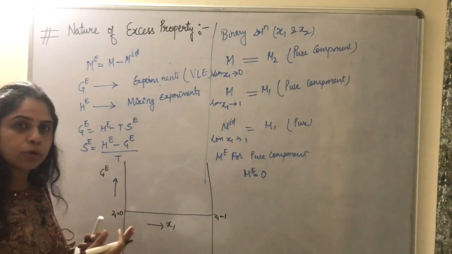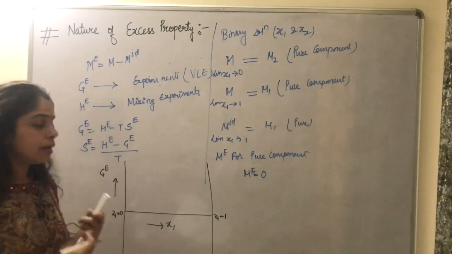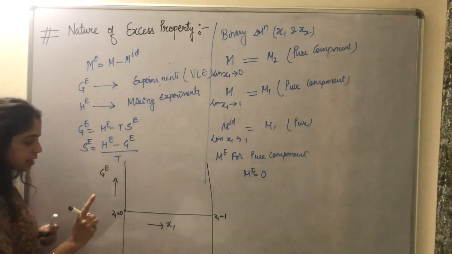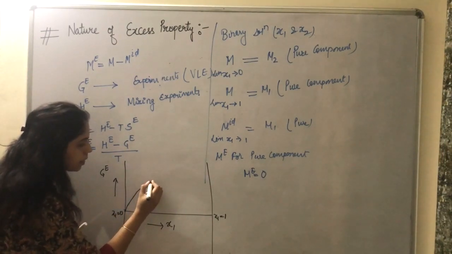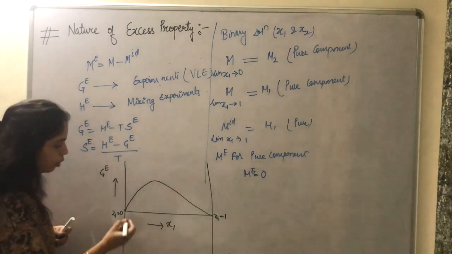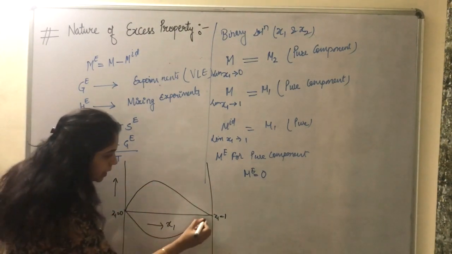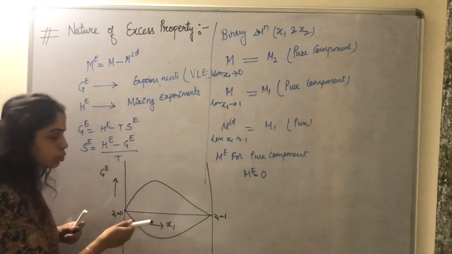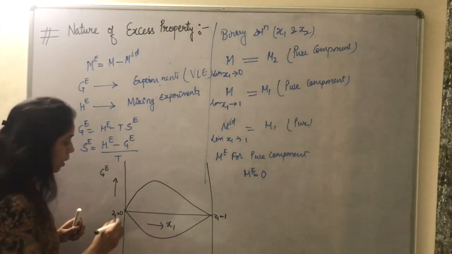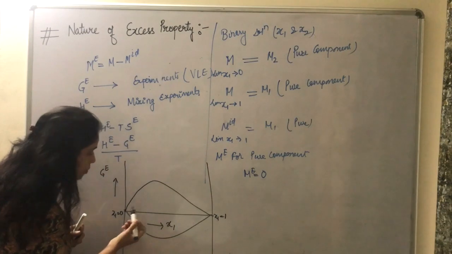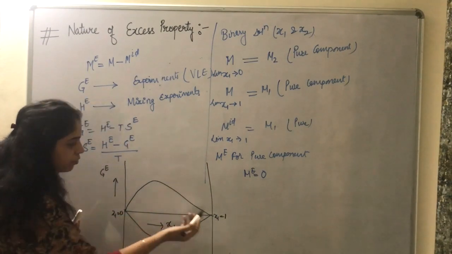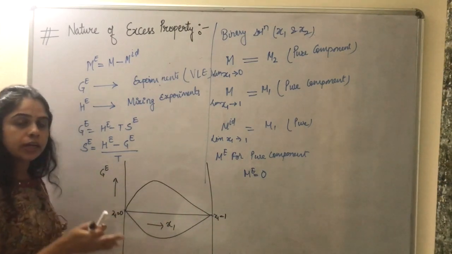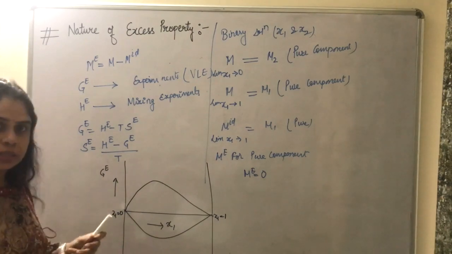At this line, your excess Gibbs free energy is 0, and it can be greater than 0 and lesser than 0. That means it shows positive deviation and it also shows negative deviation. यहाँ पर आपको क्या ऑब्जर्व करने की जरूरत है कि excess Gibbs free energy for the pure component, क्या दिख रहा है आपको, कहाँ जा रही है वो, it tends towards 0.